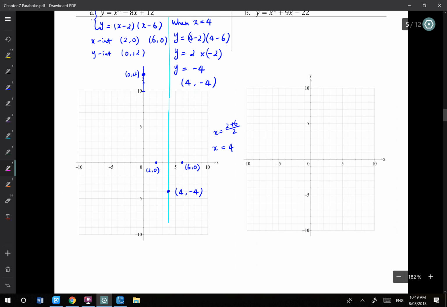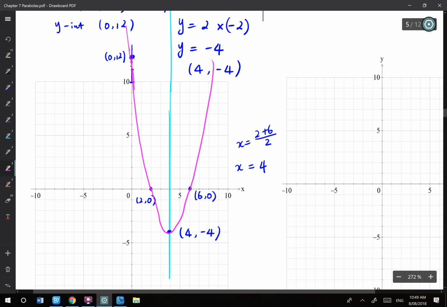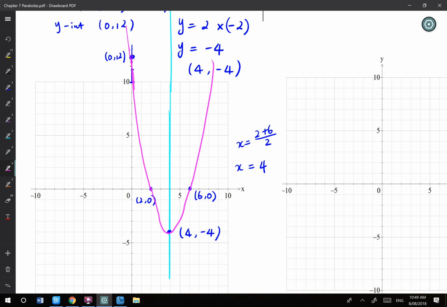It's a bit hard to sketch this one, it's quite high there. So the graph will look like this. I have labeled the y-intercept, the x-intercepts, and the turning point.